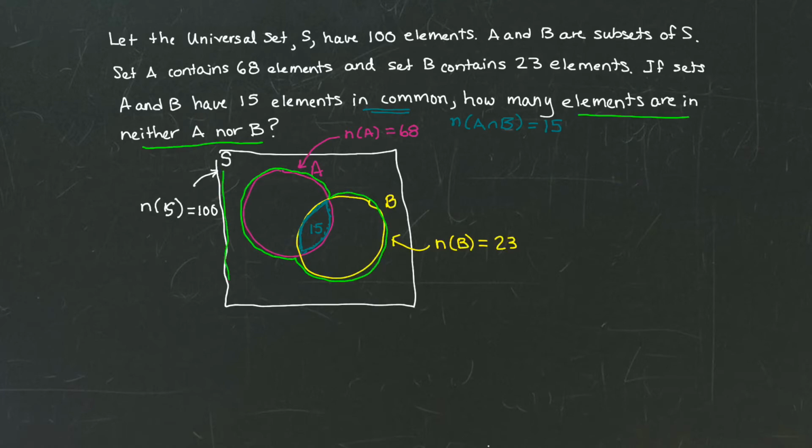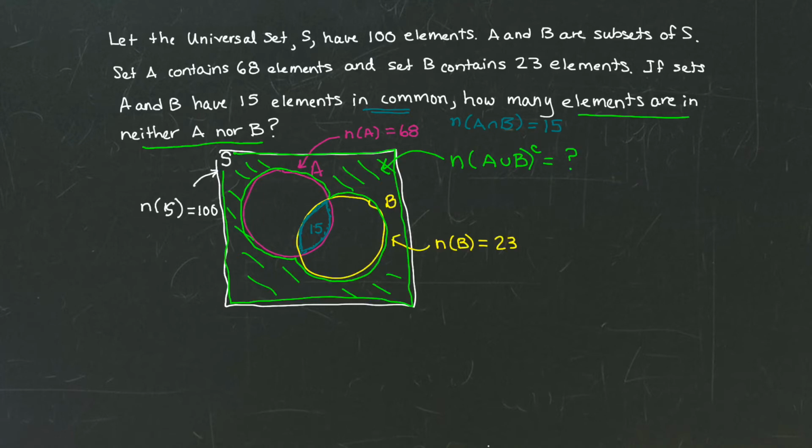The elements that are in neither A nor B are the elements that lie outside A and B in this area here, which I'm shading, right? It's the outside part. And another way to write it is that it is the number of elements in the complement of A union B. That's actually what we're looking for.